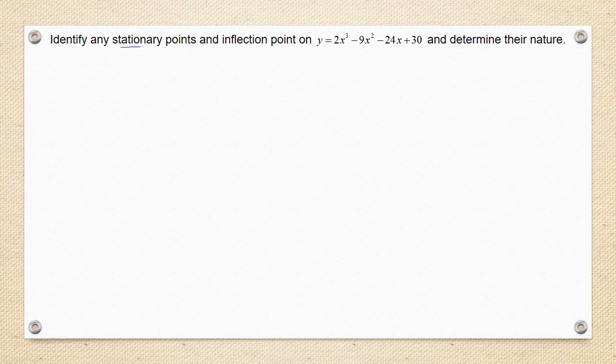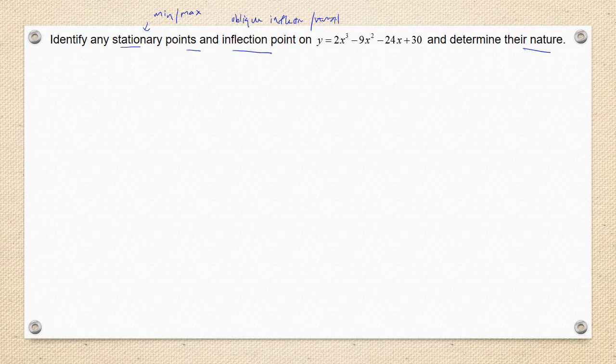So we have to find the stationary points and inflection points. Determine their nature means that I have to identify whether the stationary point is a minimum or maximum point, and whether the inflection point is an oblique inflection or a horizontal inflection.